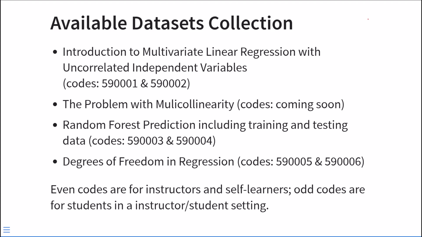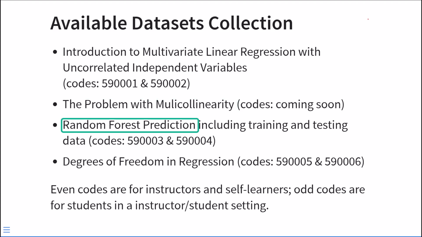Currently, the following datasets are available. Introduction to Multivariate Linear Regression, which allows students to adjust a linear regression plane for multivariate regression variable by variable. This only works if the independent variables are uncorrelated. The second collection of datasets will show why this is a problem if we work with correlated predictors.